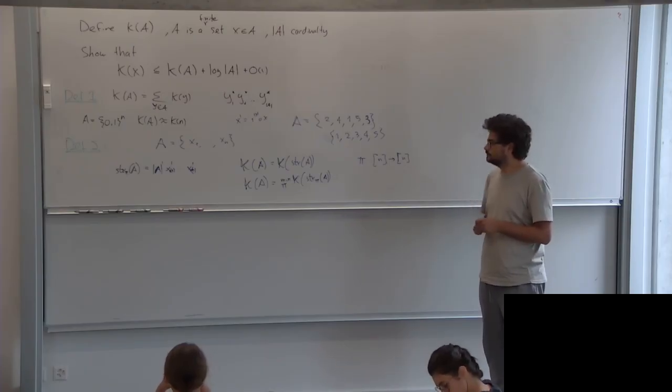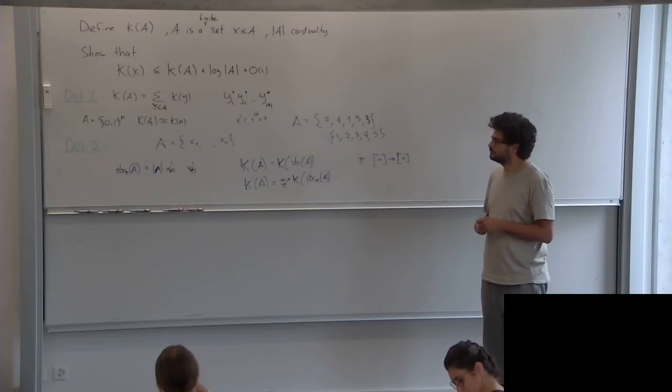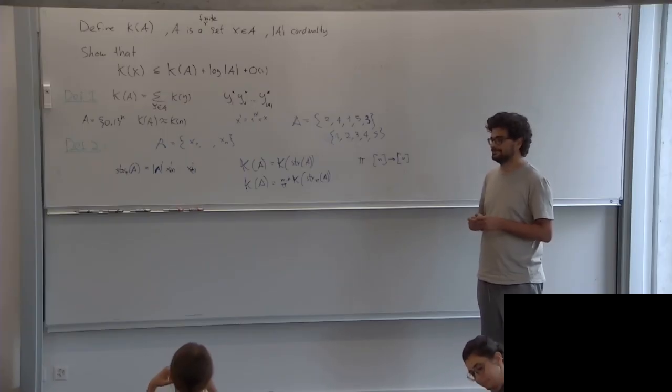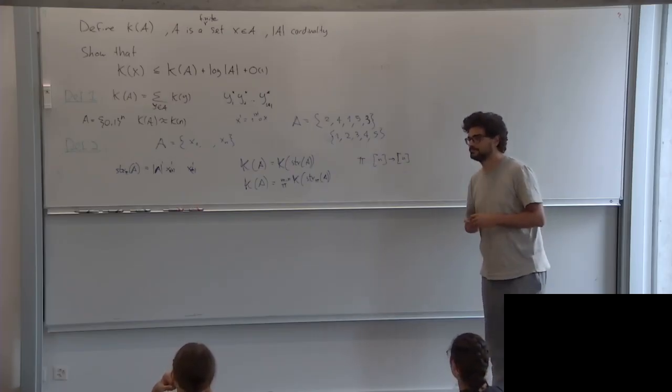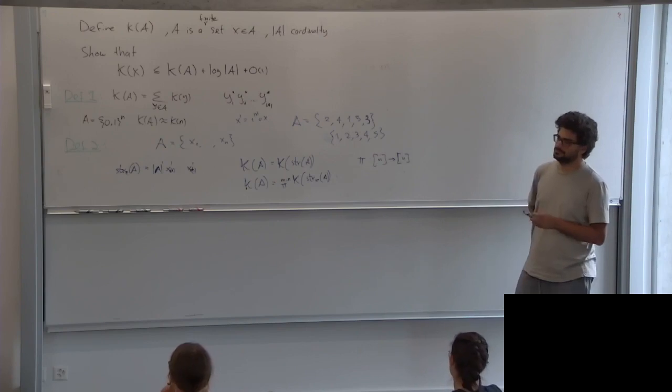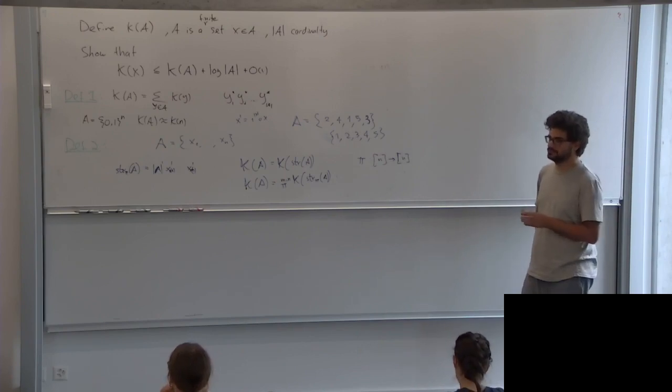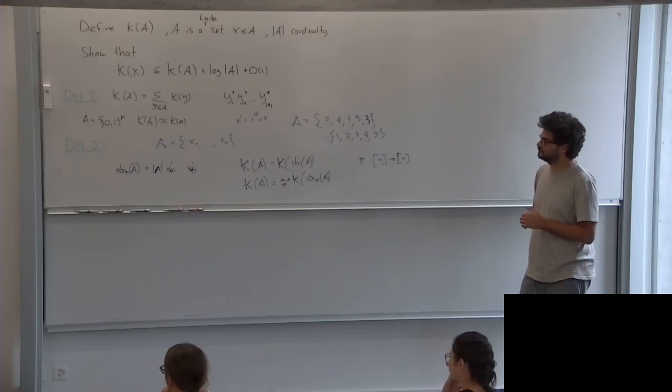That's a valid encoding, because if we forget the permutation for now, if you encode cardinality of A in a self-delimiting way, you can know, okay, I have that many elements to decode. Here's my first one to decode, x1 prime. I can decode it into x1, x2 prime, I can decode it into x2, xn prime, I decode it into xn.